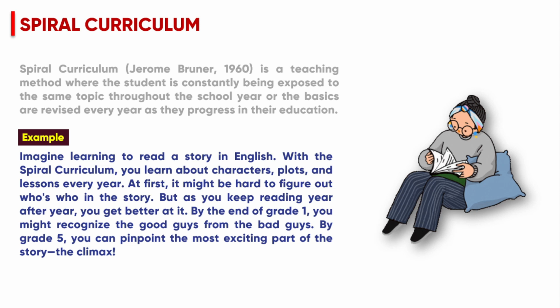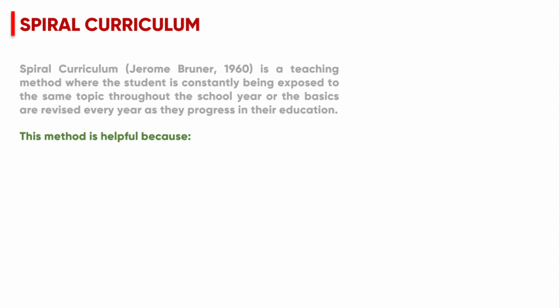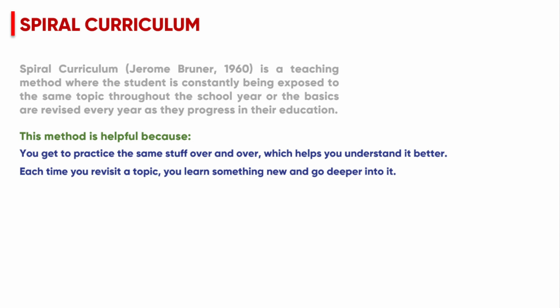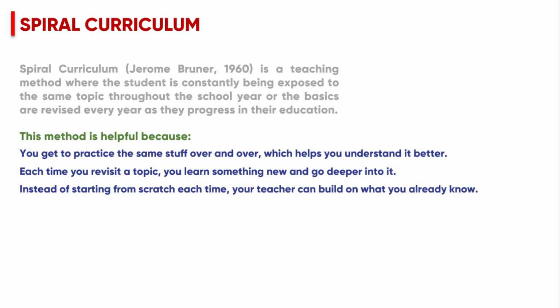By the end of grade 1, you might recognize the good guys from the bad guys. By grade 5, you can pinpoint the most exciting part of the story, the climax. This method is helpful because you get to practice the same stuff over and over, which helps you understand it better. Each time you visit a topic, you learn something new and go deeper into it.